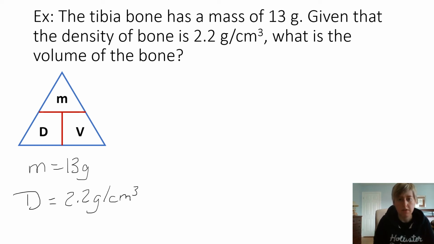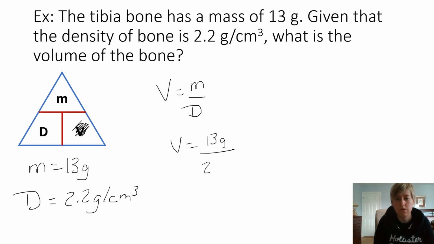I'm looking for volume, so I scratch out volume. And what's left is mass divided by density. So volume is equal to mass divided by density. Now I'm going to write in my variables. Volume is equal to 13 grams divided by 2.2 grams per centimeters cubed.